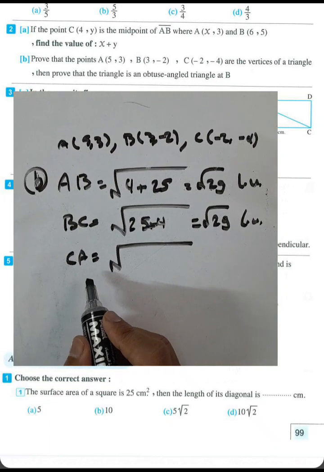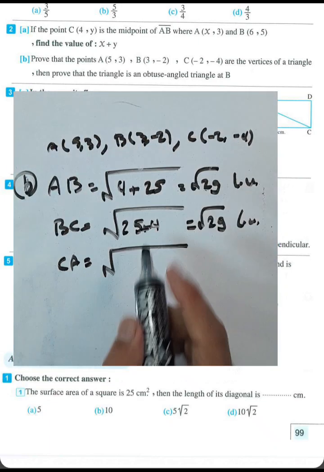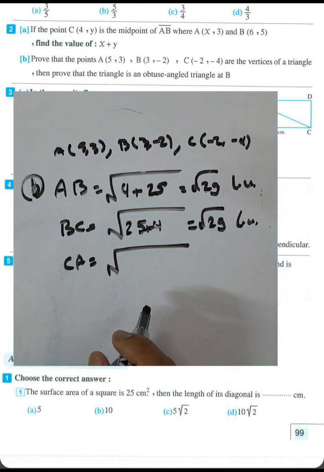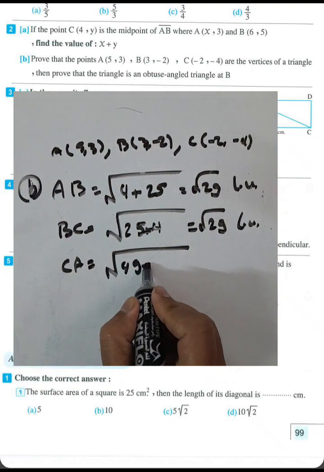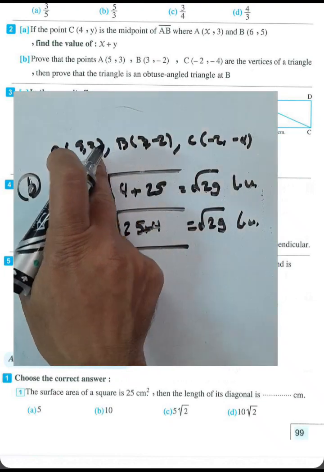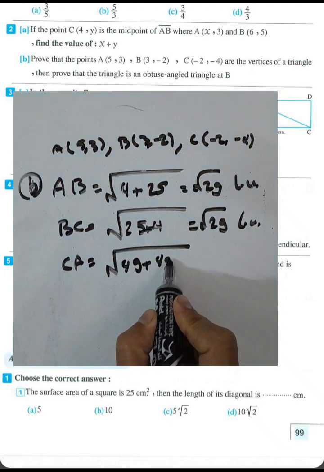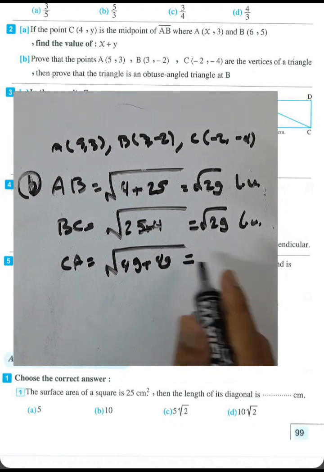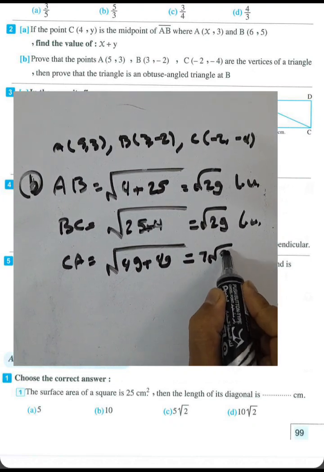CA is the square root of negative 2 minus 5, it will be negative 7 power 2, 49, and negative 4 minus 3, it will be negative 7 power 2, 49 again. Then 49 times 2, square root of them, it will be 7 root 2 length unit.